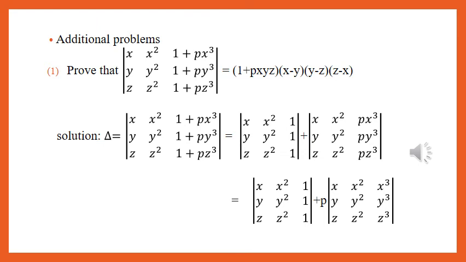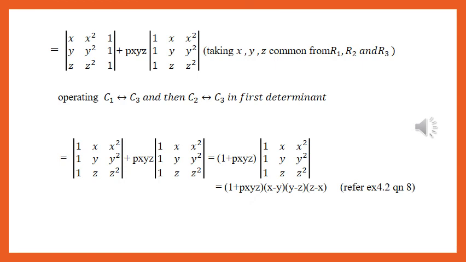Now, when we look at the second determinant, in the third column, p is common. So, let's take p out. So, we have the sum of two determinants, x square, 1, y square, 1, z square, 1 plus p into the second determinant. This p is the common factor from C3.